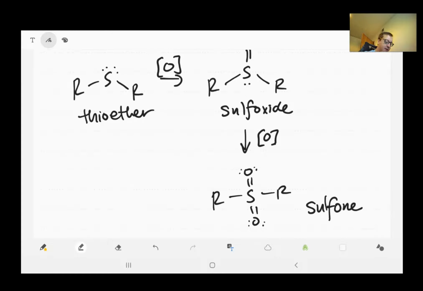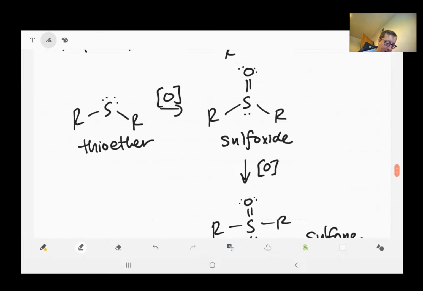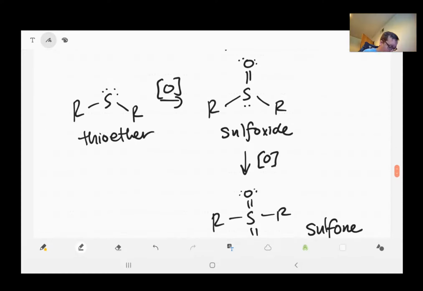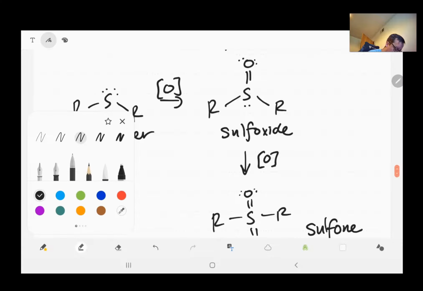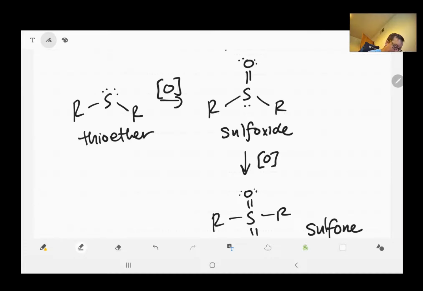And what's interesting is while we typically draw these as double bonds, in real life, these sulfoxides and sulfones actually have more single bond character than double bond character. And so that'll be important when we... Actually, you guys already talked about the Swern oxidation, didn't you? When you're talking about alcohols? Probably.